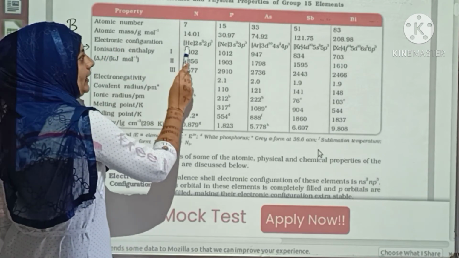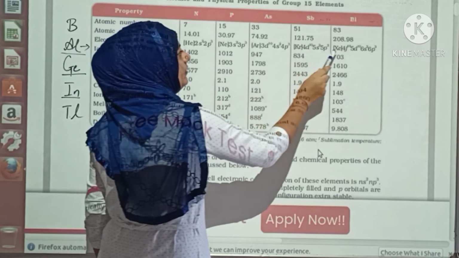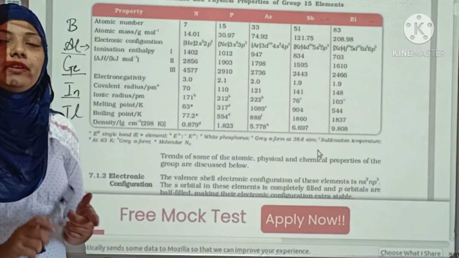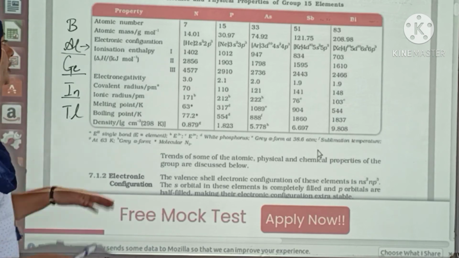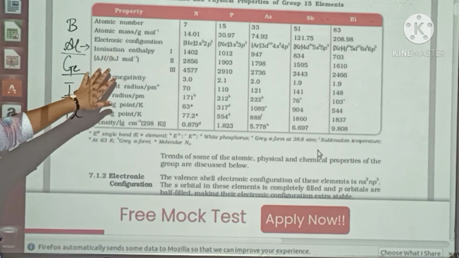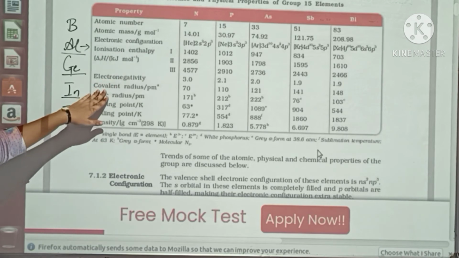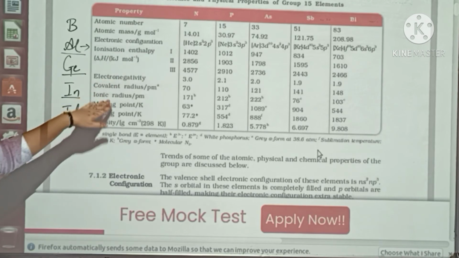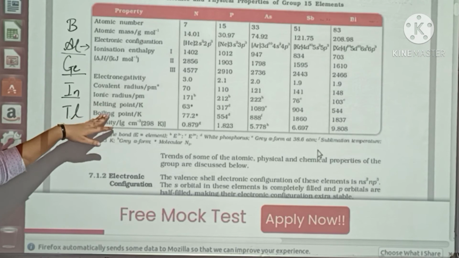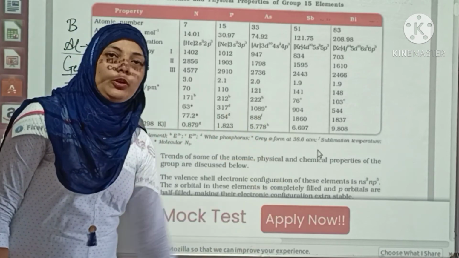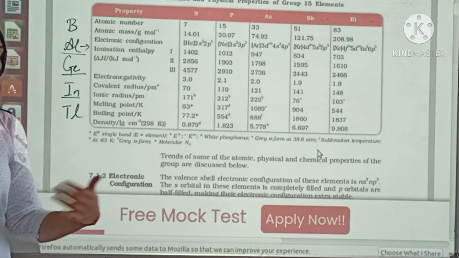Remember, when you talk about electronic configuration, it is given in the bracket with the noble gas configuration. Then you have ionization enthalpy, electron gain enthalpy, also covalent radius, ionic radius, melting point, boiling point, and density. So these are all properties given in the table which you can go through.